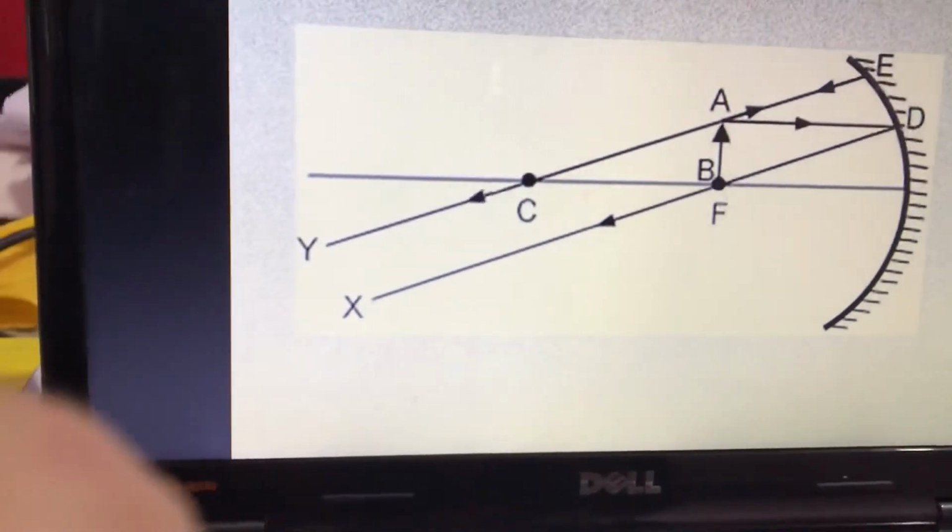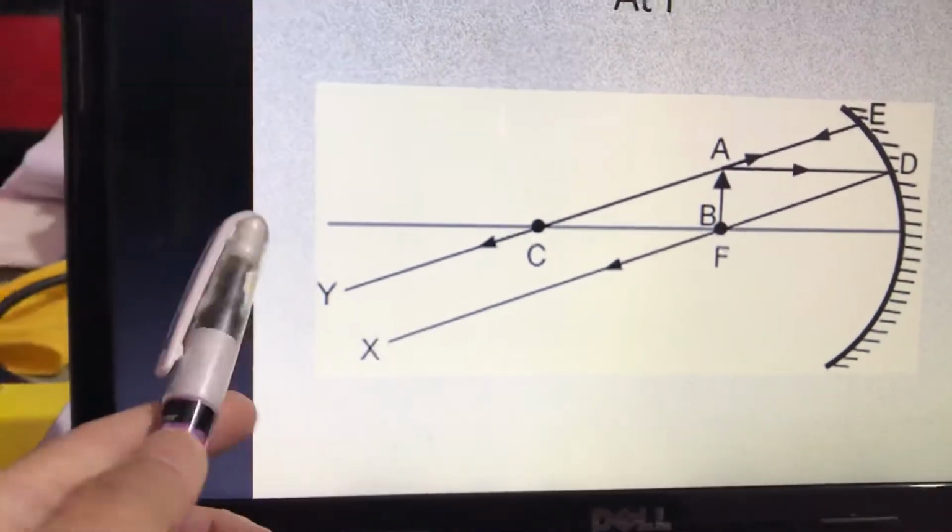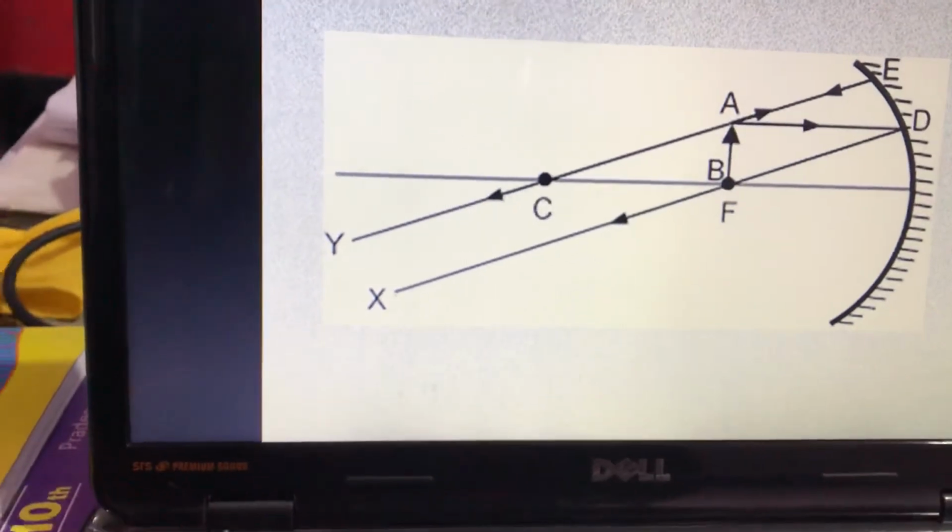So the image would be real, inverted and highly magnified. Okay.